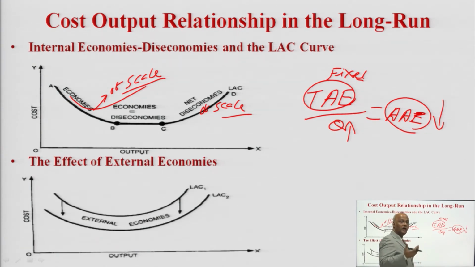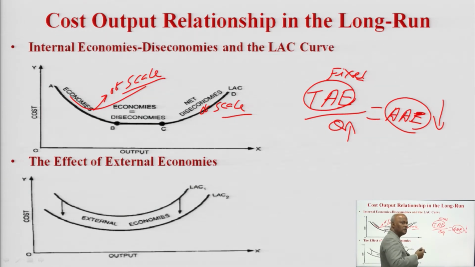Similarly, whenever you buy raw material in bulk, obviously you will ask for a discount and you will get the discount, that means you get the raw material at a lower price. Similarly, if you are borrowing a huge amount of capital from the bank, you can bargain with the bank, and they will also lower the rate of interest for you.